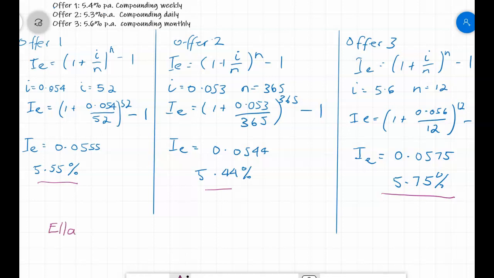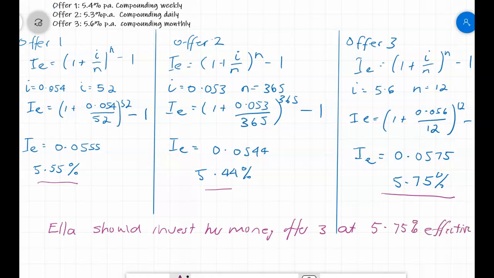I didn't have the whole question at the top there, but Ella should invest her money in offer 3 at 5.75% effective interest rate to get the best return.